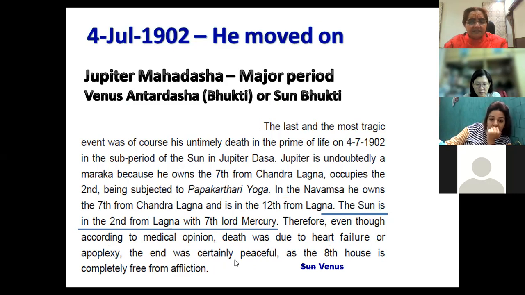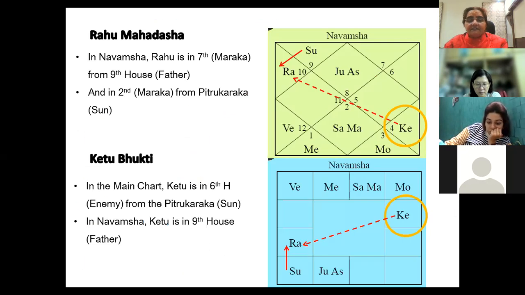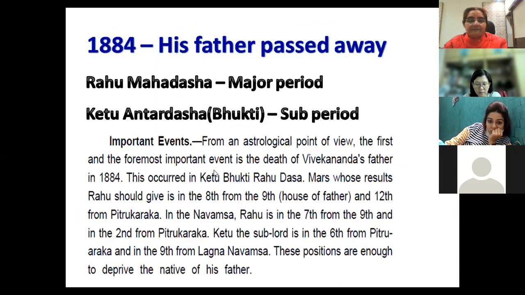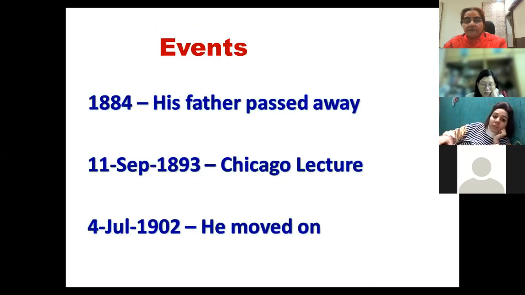It says if there is a malefic planet in the 8th house, then the death could be with some weapon or accident. But there is no planet in his 8th house, so his death was peaceful.